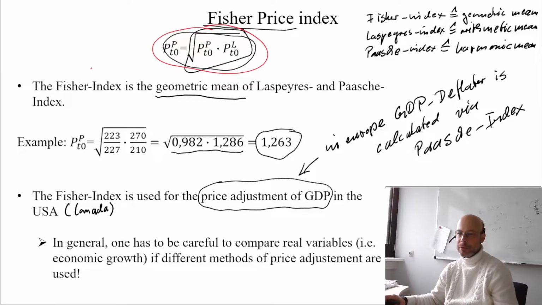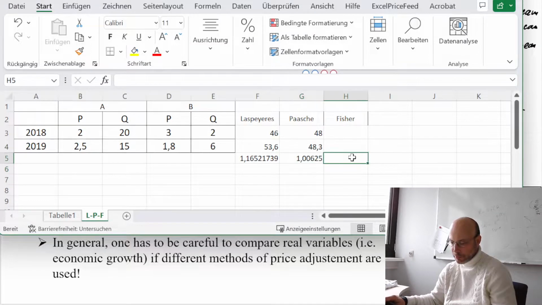So we take the product and calculating the square root of both.